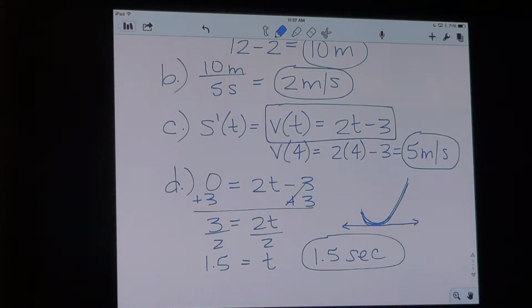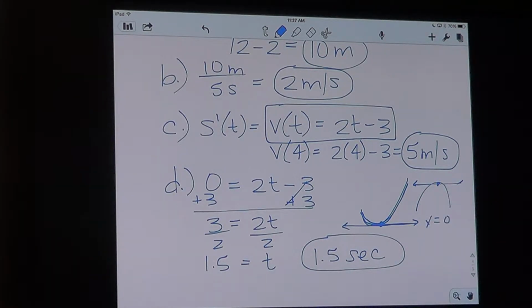Right? So anytime you have a curve like that, and it's at the very lowest point, or in our other example is at the very highest point, when we draw the tangent line to that point, it's going to be horizontal. And the tangent line tells us the derivative, which tells us the slope, which is the velocity of position. Right? So I have to find when the velocity is 0 in order to do that.